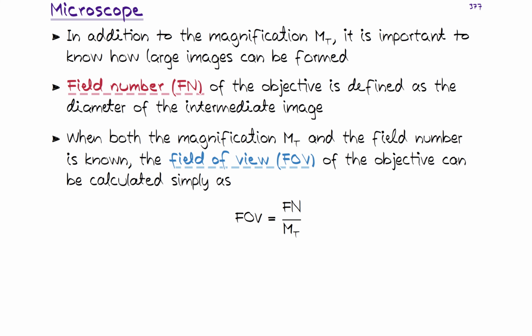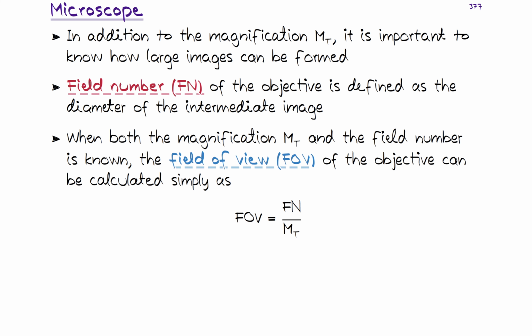And this gives me an understanding of how large an image I can look at without moving the specimen in one go through the microscope. And needless to say, the larger the field of view, the better it is for inspection, so this is also a parameter that depends on the objectives.